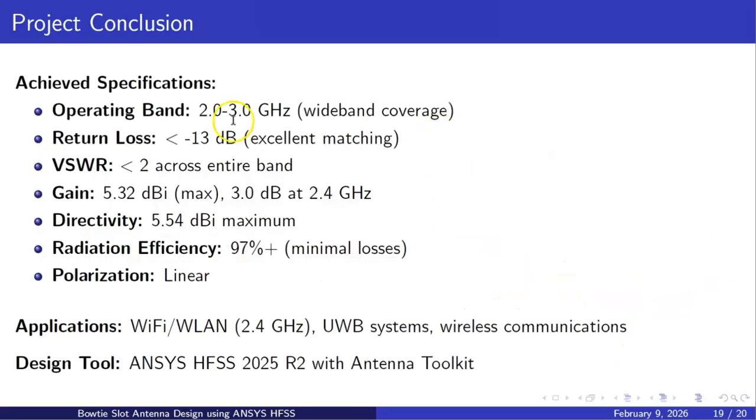In conclusion, we successfully designed and simulated a bow-tie slot antenna with the following specifications: operating bandwidth of 2 to 3 GHz demonstrating wideband coverage, return loss below 13 dB with VSWR below 2 across the entire band, ensuring excellent impedance matching, maximum gain of 5.32 dB and directivity of 5.54 dB, gain of 3 dB especially at the 2.4 GHz Wi-Fi frequency, radiation efficiency exceeding 97% with minimal losses, and linear polarization characteristics.